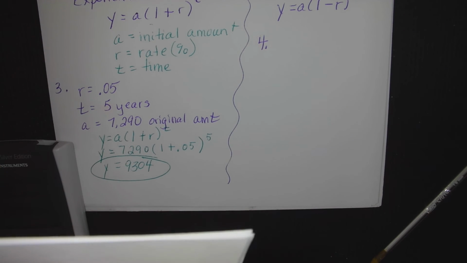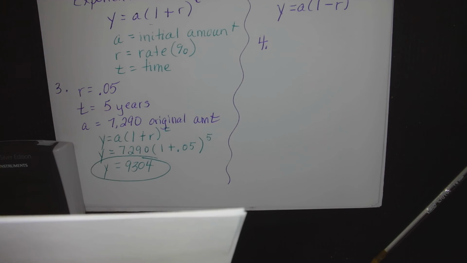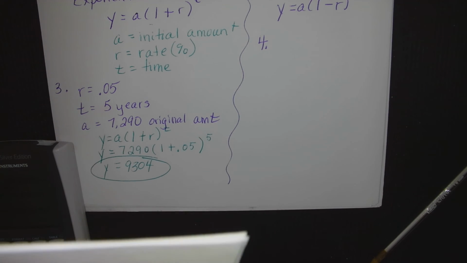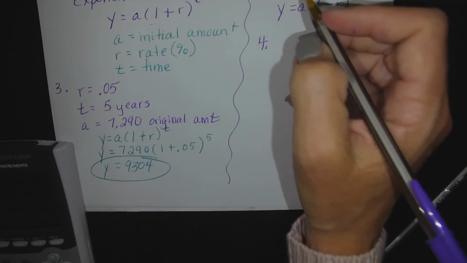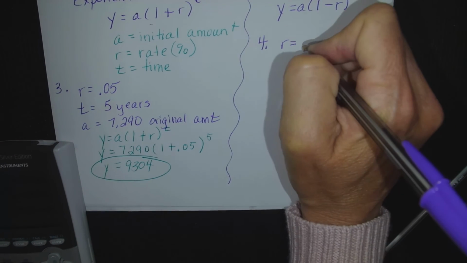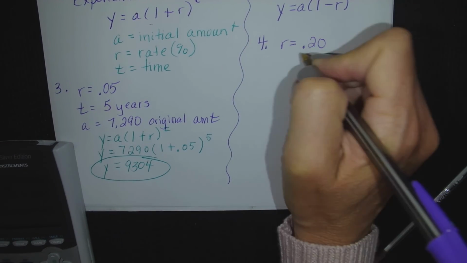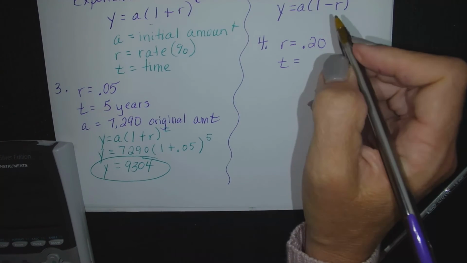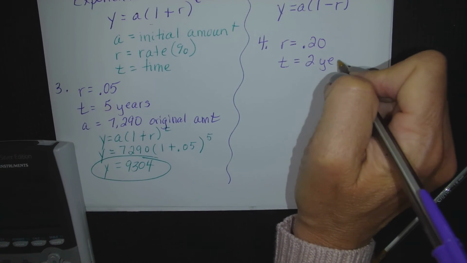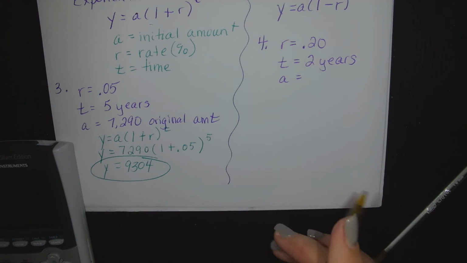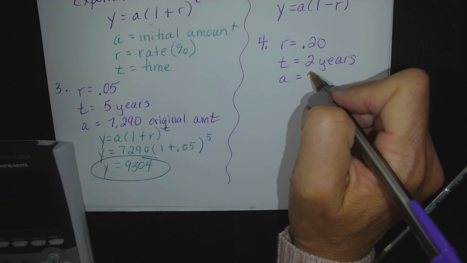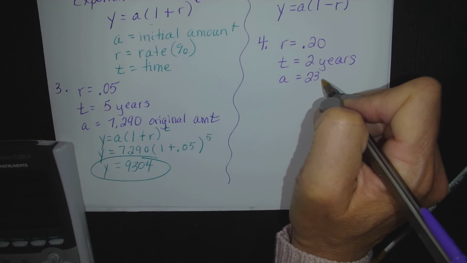What's 20% as a decimal? 0.20. There you go. Of its value every year. How much will the car be worth in 2 years? So what is our rate? There you go. What is our time? 2 years. All right, and our initial price, 23,100.